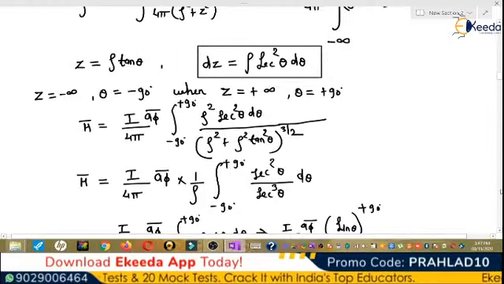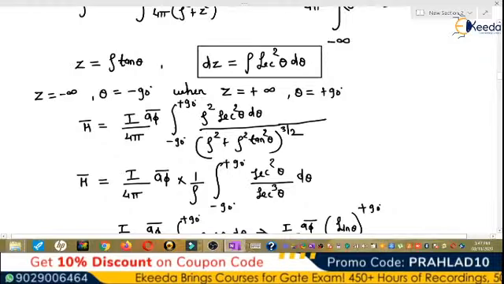When z is minus infinity, theta is minus 90 degrees. When z is plus infinity, theta is plus 90 degrees. So this comes as I by 4 pi a phi vector, integral from minus 90 to plus 90 of rho square sec square theta upon rho square plus rho square tan square theta to the power of 3 by 2.